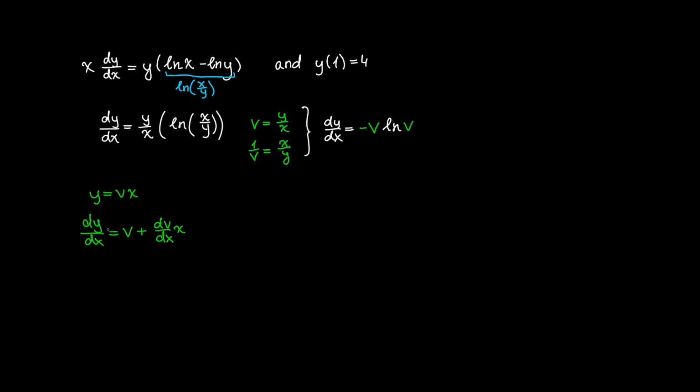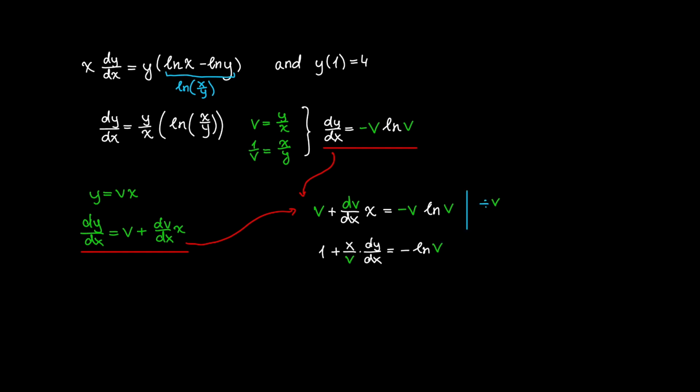Once again, we have two expressions for dy/dx, which means I can equate them. This is the differential equation we have now. However, that still doesn't look very separable. So I can divide everything by v. Now I can move this one to the other side. And now this differential equation here is going to be separable.